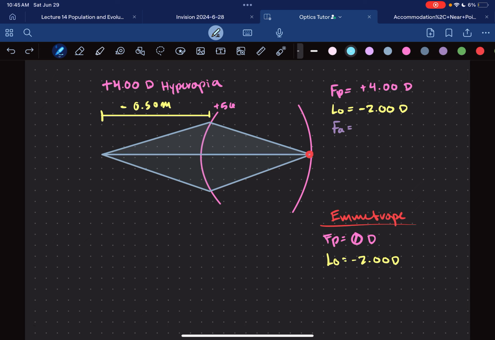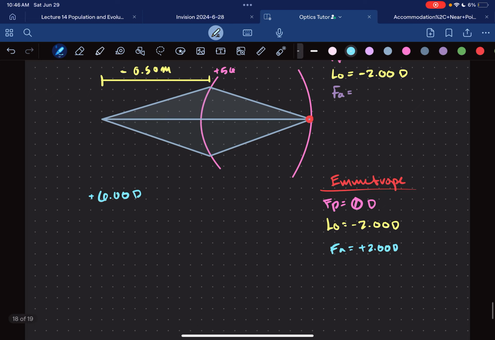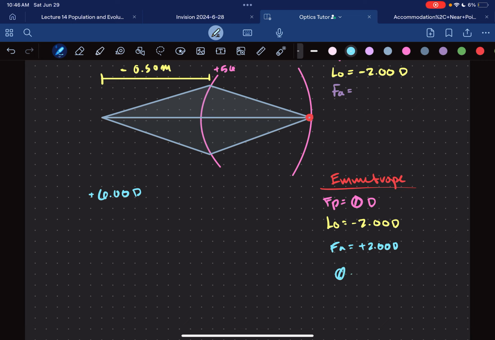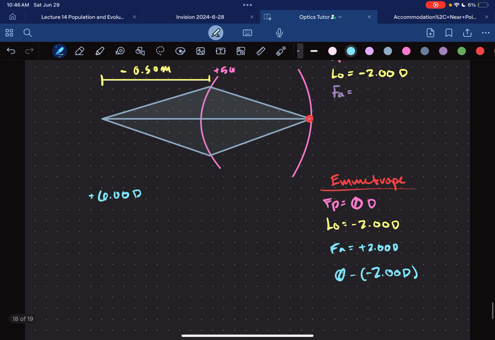So they are going to accommodate 6 diopters in order to make it clear, compared to an emmetrope who will only have to do 2. And basically the math for that is, really it's just the opposite of whatever the object divergence is. So it's just a +2.